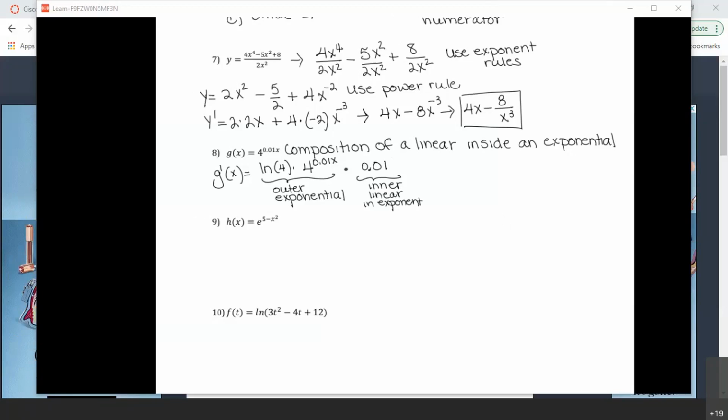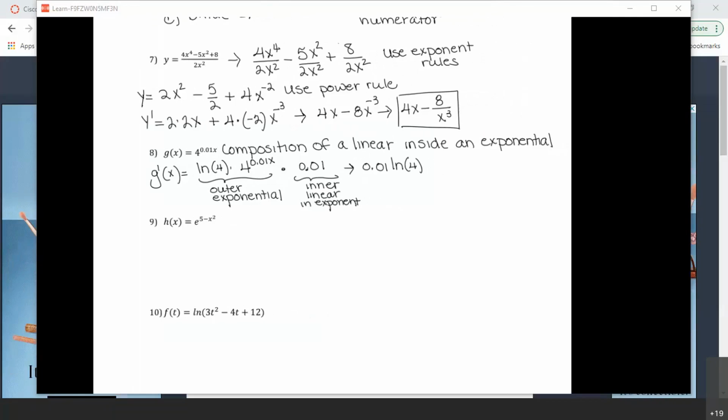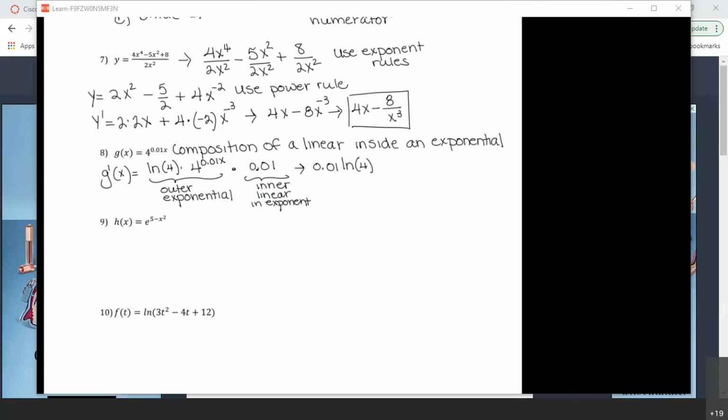There's not a whole lot you're going to do with this. If you want to rewrite it, you can put the number first, and then the log. 0.01 and ln 4 are just numbers, but unfortunately you can't combine them. Don't approximate the ln with your calculator. Leave it as ln.